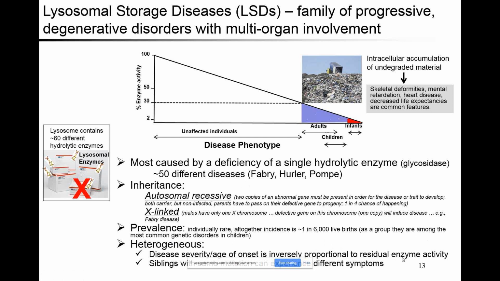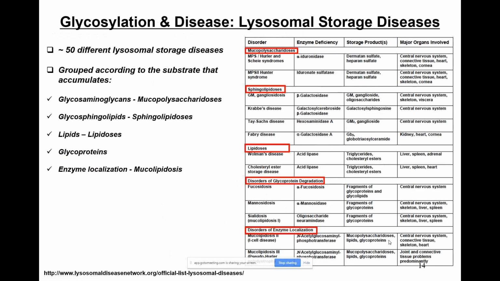So we have lots of different types of lysosomal storage diseases. They have different names, and how they're classified is based on the substrate that they accumulate. For mutations that affect the degradation of glycosaminoglycans, they're grouped together and called mucopolysaccharidoses.